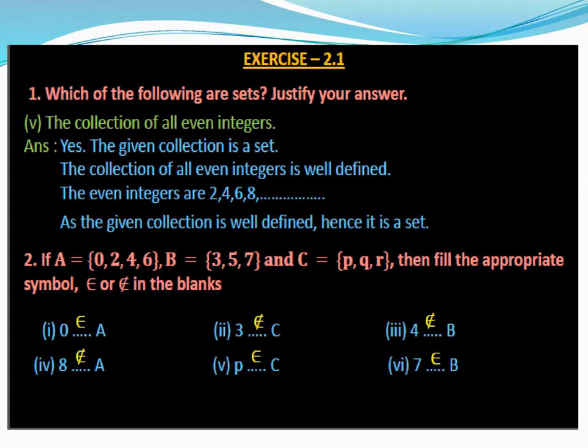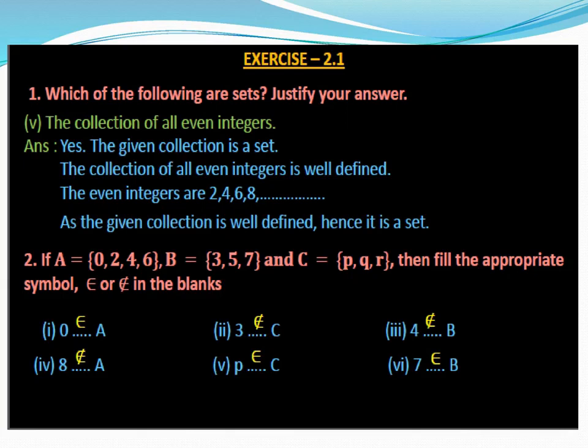So 3 does not belong to C because 3 is not present in set C. Now 4 dash B. In B, the elements are 3, 5, 7. So 4 is not present in B, and we write does not belong to. Next, 8 dash A. 8 is not present in set A because A contains 0, 2, 4, 6. So 8 does not belong to A.